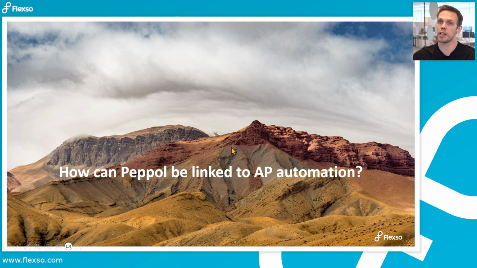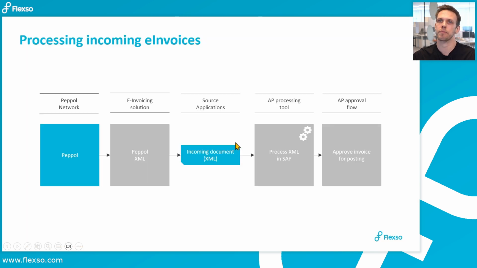So how can we link Peppol with the AP automation, in order to make the full flow automated? In the Peppol network, as I said, in the first three columns we have the invoicing solution. So once an invoice is ready in Peppol, it's going to be selected and pulled into your system, but then it still needs to be processed.